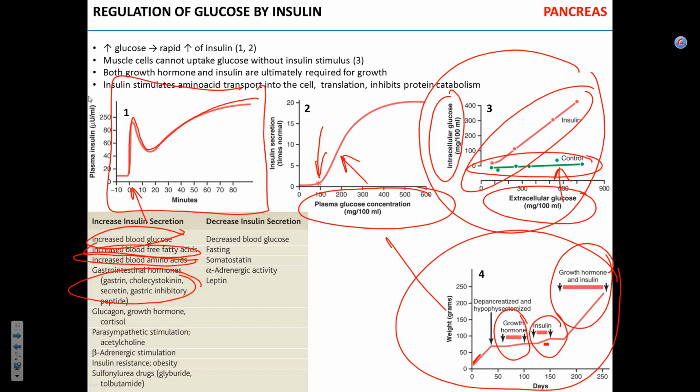Sometimes they just shoot insulin to promote the uptake of amino acids from blood into the muscles to promote muscle growth. That makes sense? So insulin is a typical anabolic hormone. Any questions?